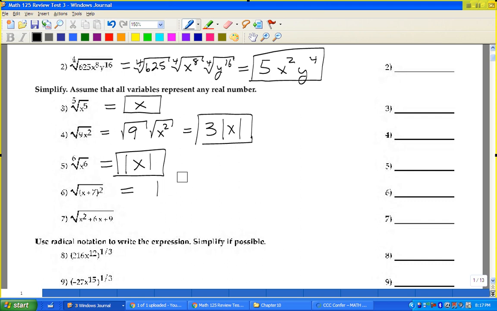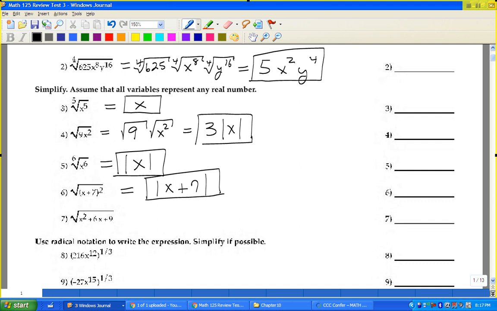So this is the absolute value of x plus 7. Since the square gets rid of the square root, but it also gets rid of the sign, so you need absolute value.